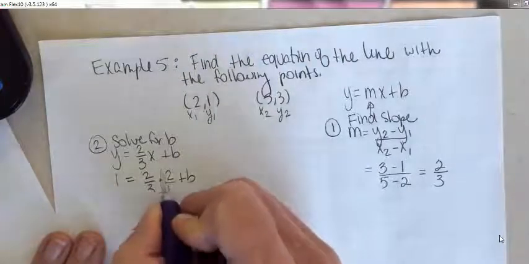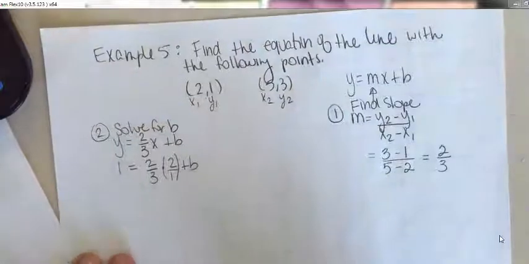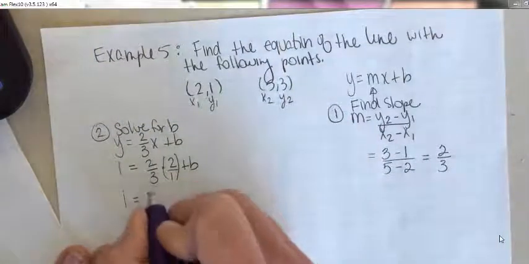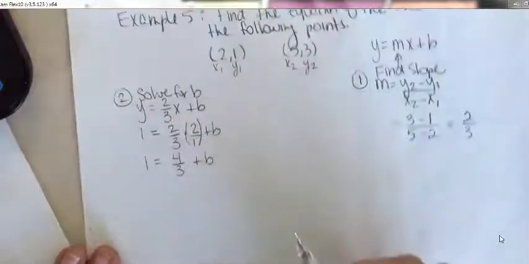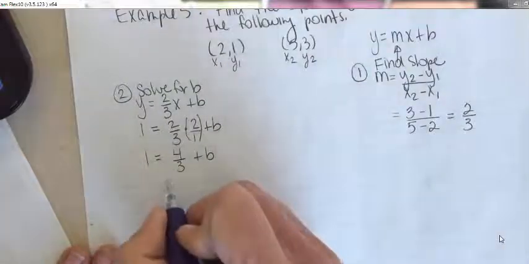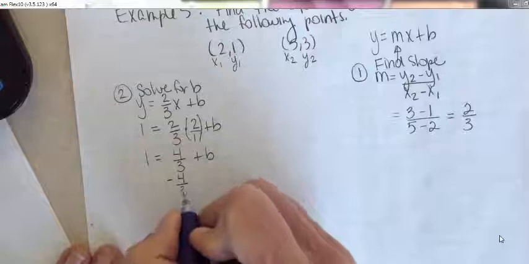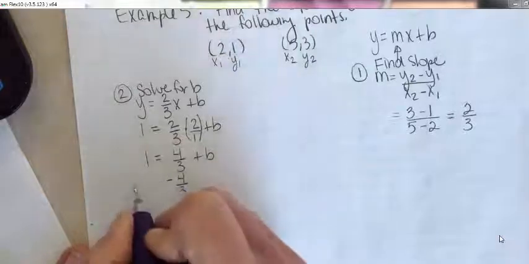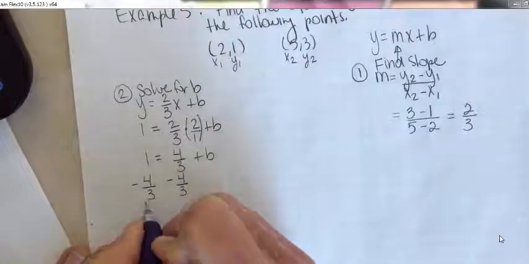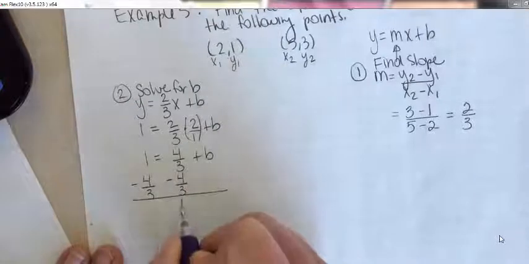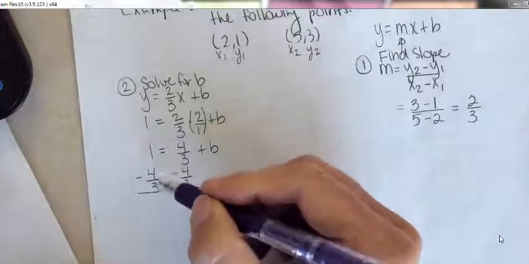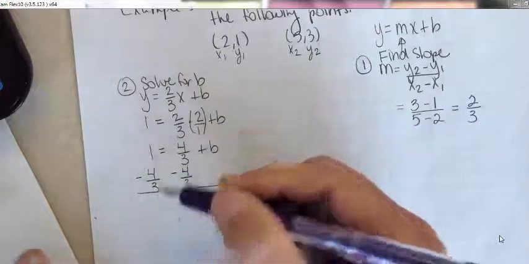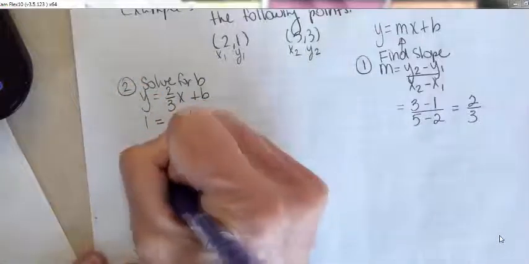This is like 2 over 1. So I get 1 equals, that's the same as 4/3 plus b. Subtract 4/3 from both sides. Or subtract 1 1/3 from both sides. So I get b equals, now some of you might already know what 1 minus 1 1/3 is. And if you don't, no big deal. We'll just subtract fractions.